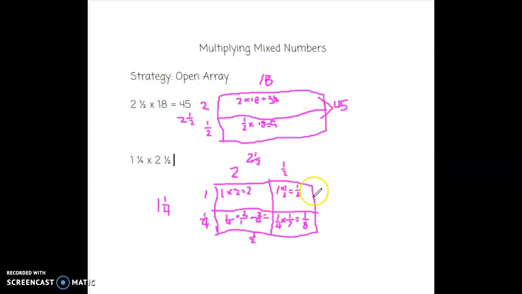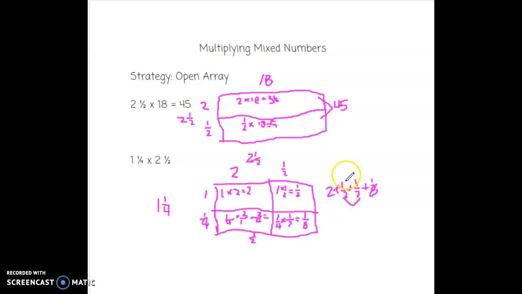And then you're going to add all of your numbers up together. So you're going to do your 2 plus 1/2 plus 1/2 plus 1/8. Now I don't need to make common denominators in this because I know that 1/2 plus 1/2 is a whole.